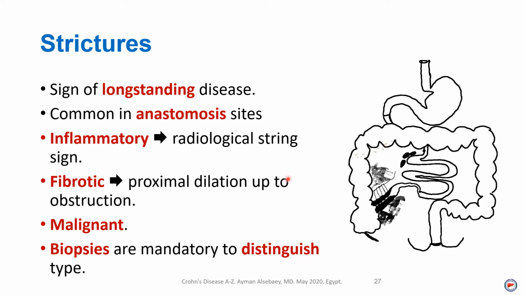Okay? By the time this inflammation will heal by fibrosis, so we will have a fibrotic stricture, and we know that most fibrotic strictures will have dilatation before them. Sometimes this stricture is malignant. Can we differentiate them? It is a very difficult topic, and multiple biopsies and even excision are needed to distinguish the three types.